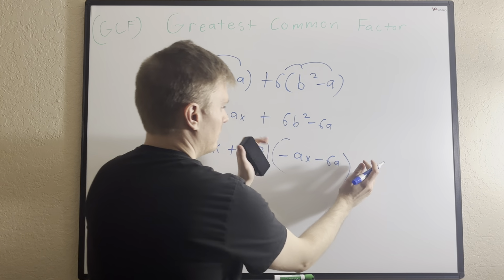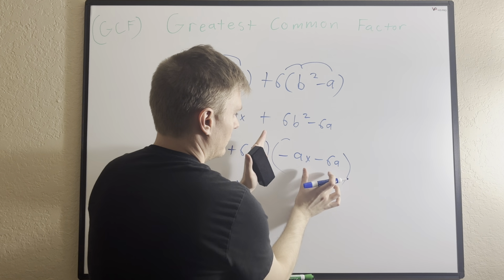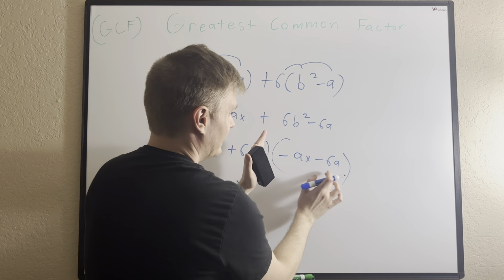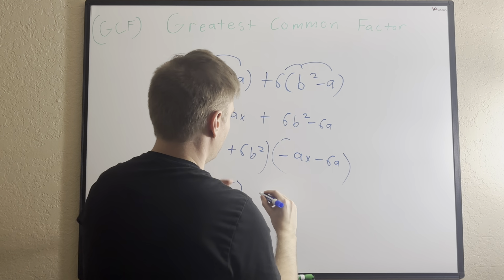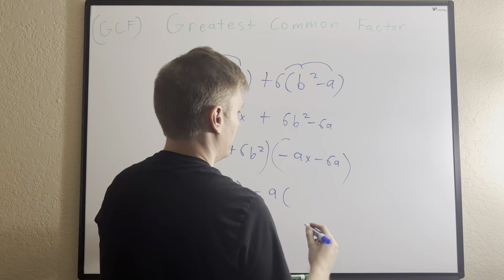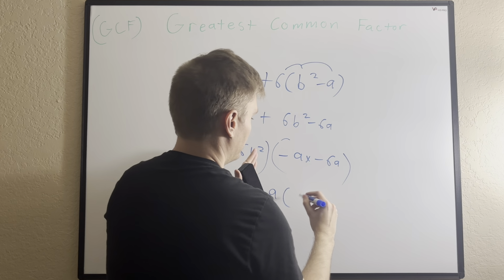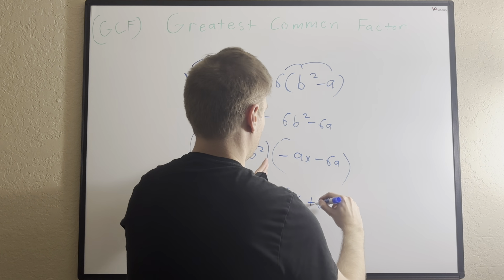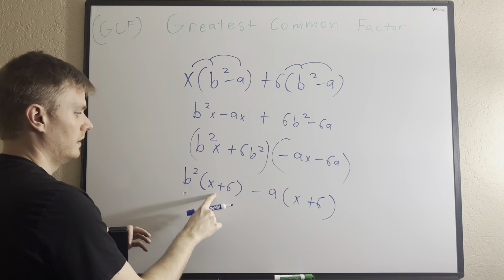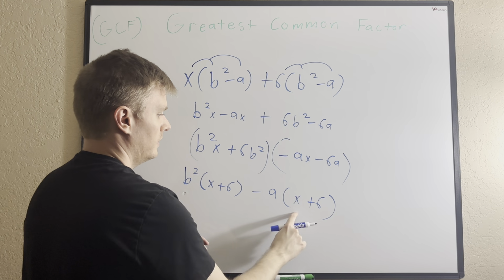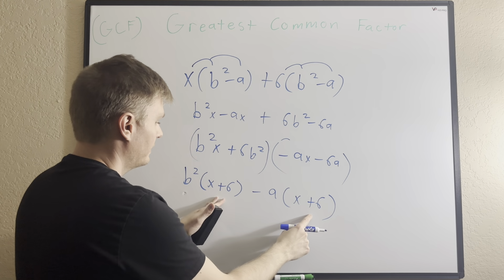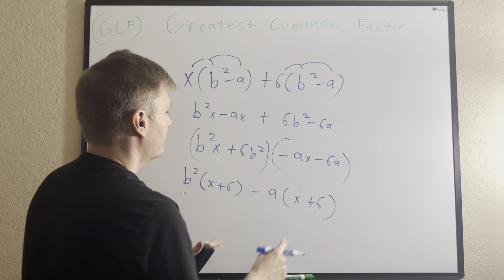Okay. Now look at this one. Greatest common factor. They both have an a, right? They both have a negative number. So let's just take out a negative a. And we're left with x plus 6. Wait a minute. X plus 6. X plus 6. They have a common factor, that x plus 6, right?